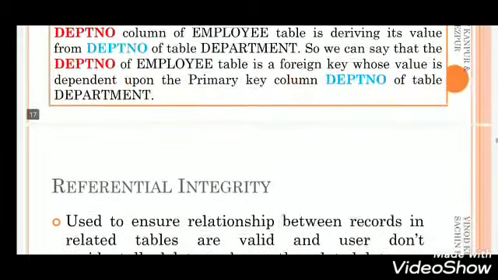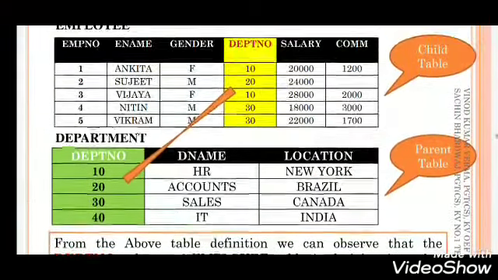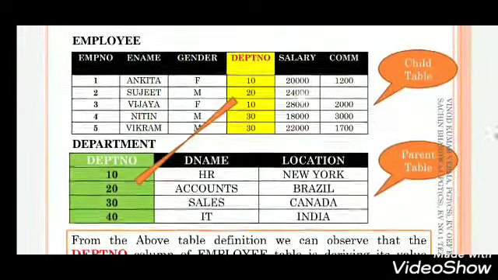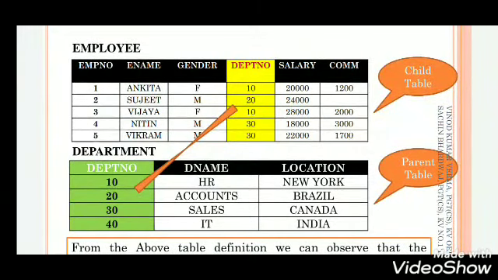Now let's see the example once again. See this. Here we have employee table and debt NO table. So in debt NO table we have only 4 departments and the department numbers are 10, 20, 30 and 40. This particular column works as a foreign key in employee table.